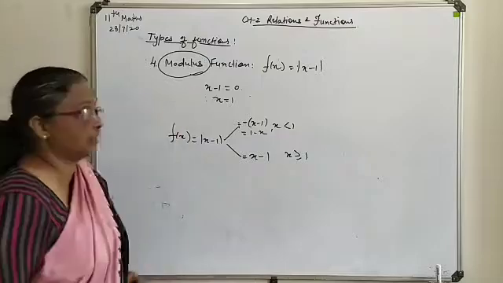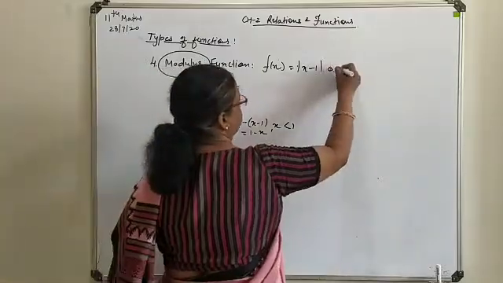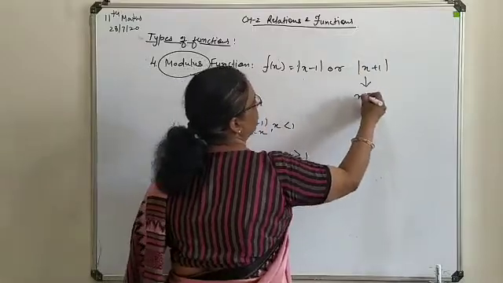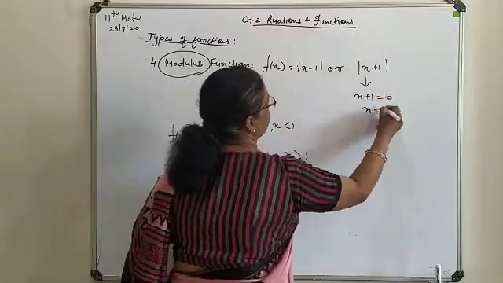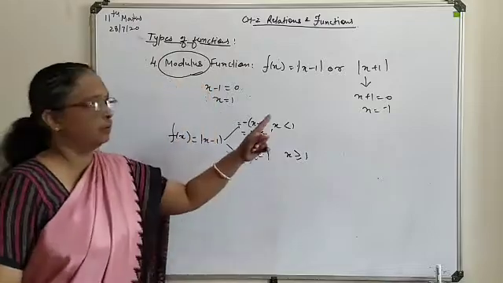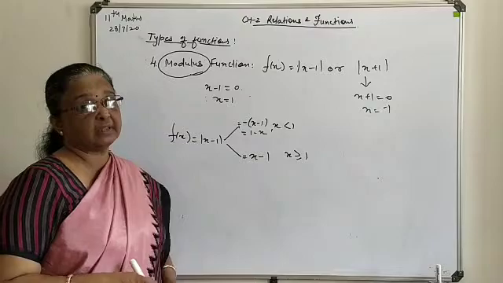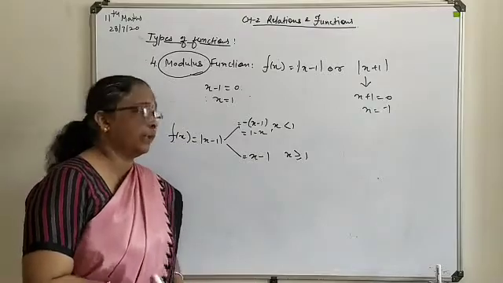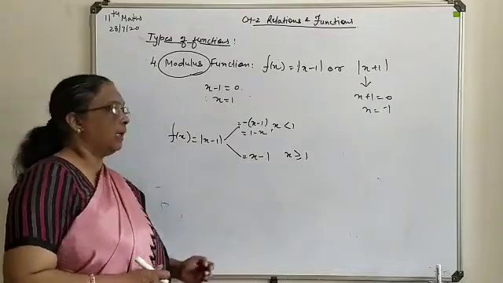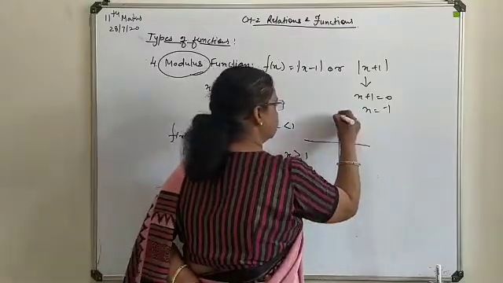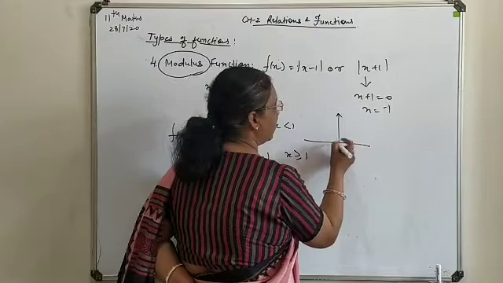Suppose it is x plus 1 or x plus 2, like that. At that time also the method will remain the same, but the comparison here will be with respect to this minus 1, means x is less than minus 1 or x is greater than minus 1. So whenever such a type of combination you have, your peak value will be changed.